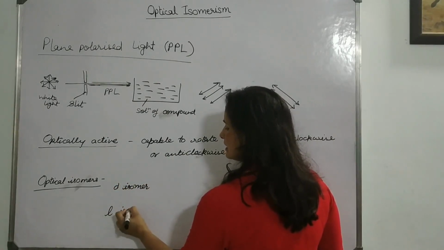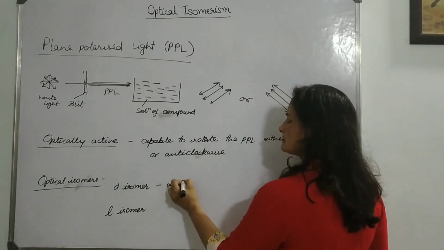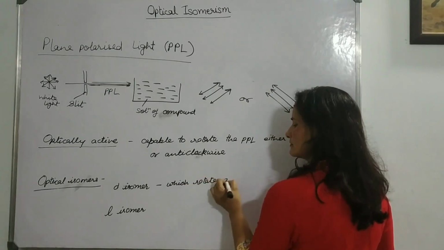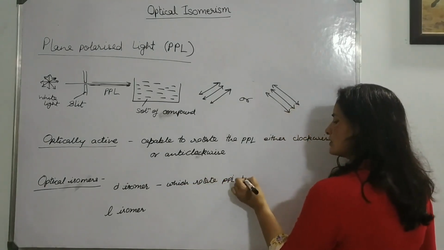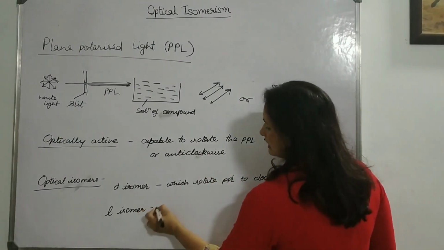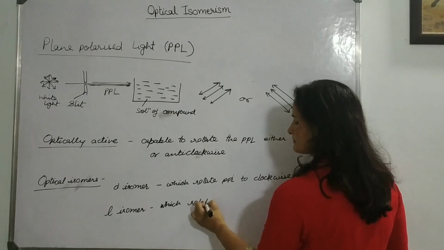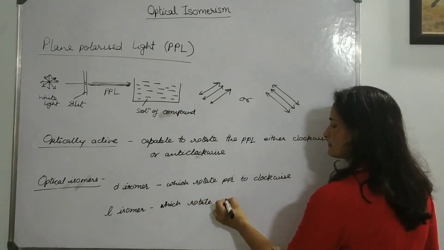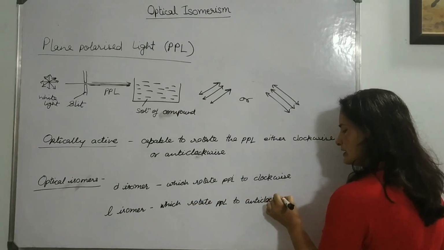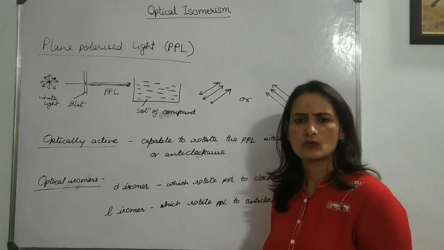The D isomer is the isomer which rotates the PPL clockwise, while the L isomer rotates the PPL anti-clockwise.